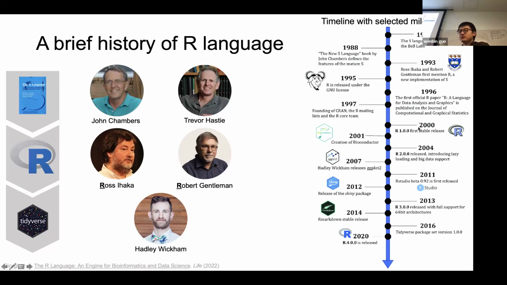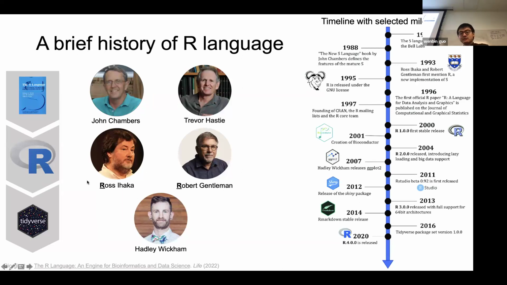For example, in the early 2000s, R 1.1 was the first release, and 20 years later, it's R version 4. So basically, the R you installed right now is 4.3.3. So basically, it's version 4.